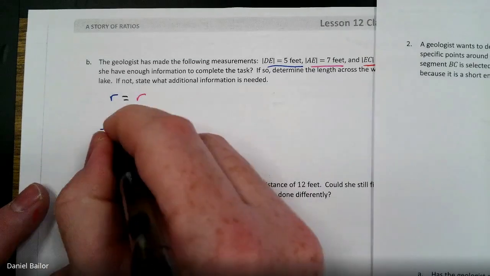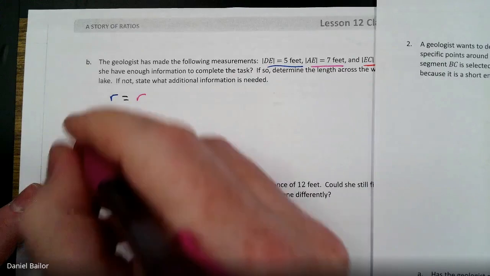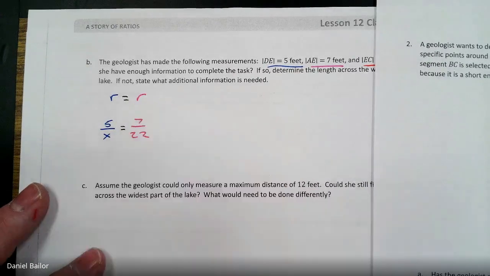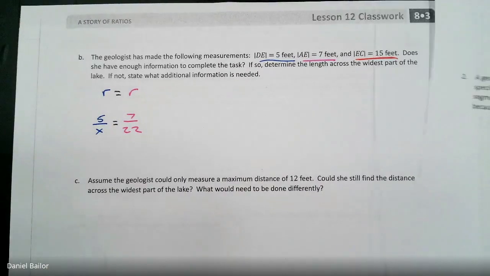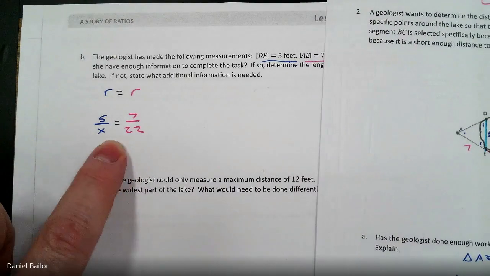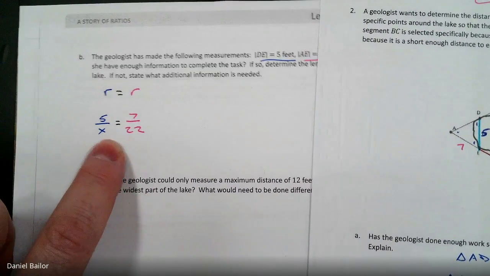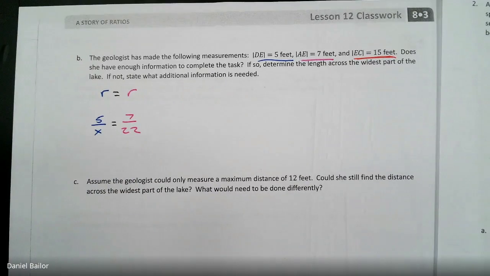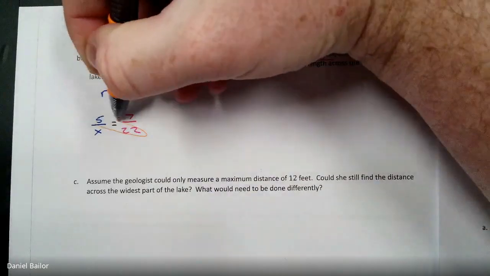So 5 over X equals 7 over 22. We can solve this ratio now, because to solve it, we cross multiply.